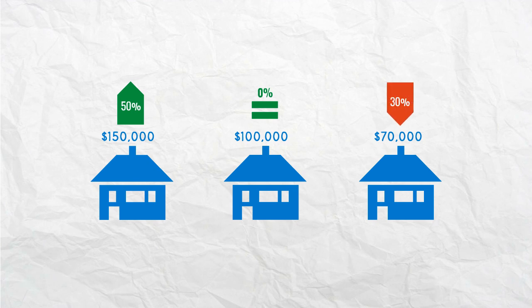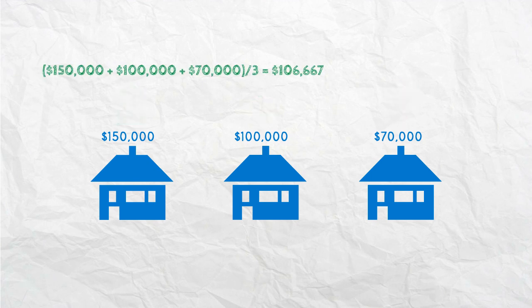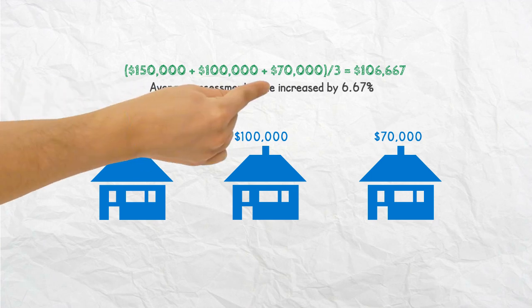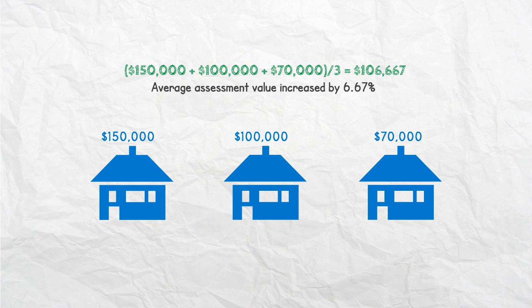In this scenario, the town's average assessment value increased by $150,000 plus $100,000 plus $70,000 divided by 3, equaling $106,667, or 6.67%. If the total taxes needed to balance the town's budget are the same in year 2 at $900, then a new tax rate must be calculated in order to balance the budget.